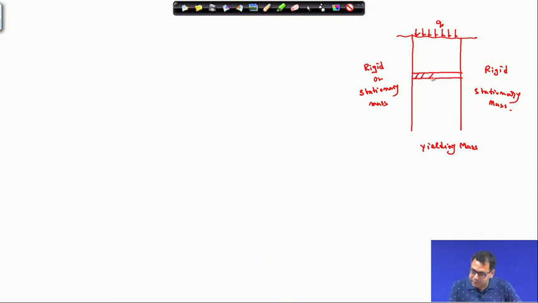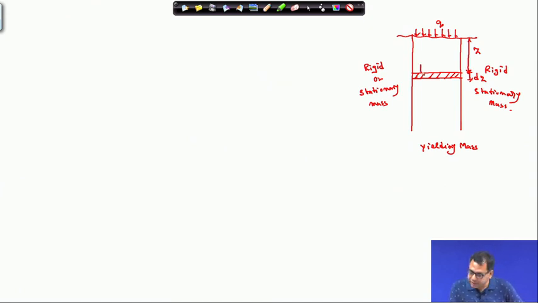This strip is at a depth of h from the ground surface, and its thickness is dz. What are the stresses acting on this strip?